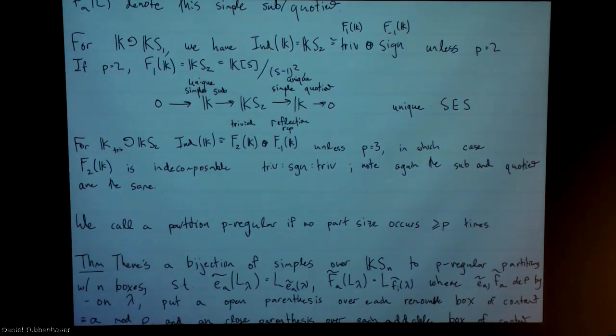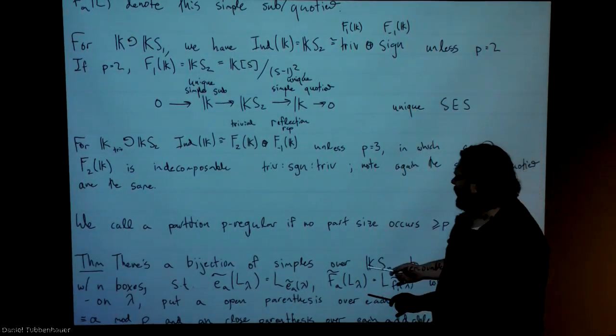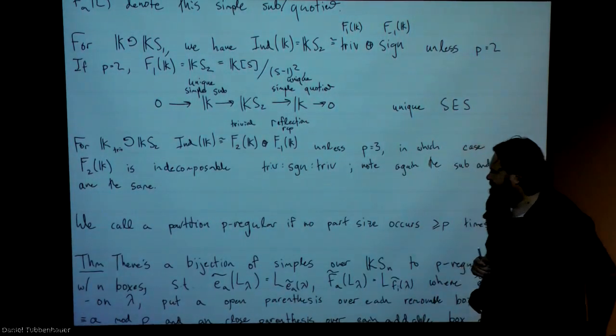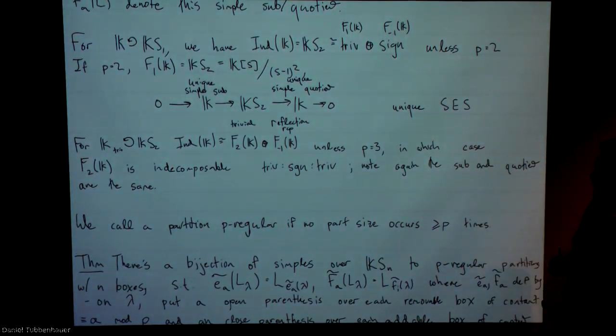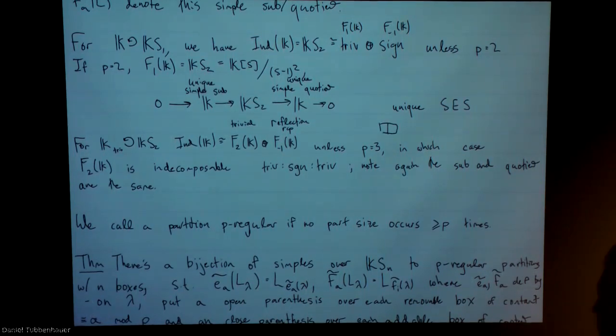Another example that I like quite a bit is if you take a trivial representation of S2. When you induce that, that corresponds to having this guy. And so there are addable boxes with contents 2 and minus 1.